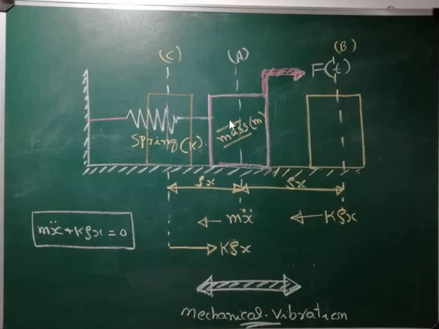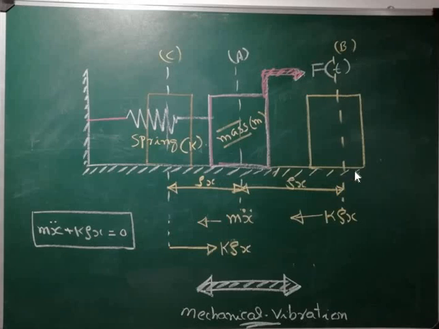Now when an external force or some disturbance happens, the mass moves some distance towards the right, represented by the position B. Due to the effect of the force F, the mass at point A moves to point B, and this is the extreme point.